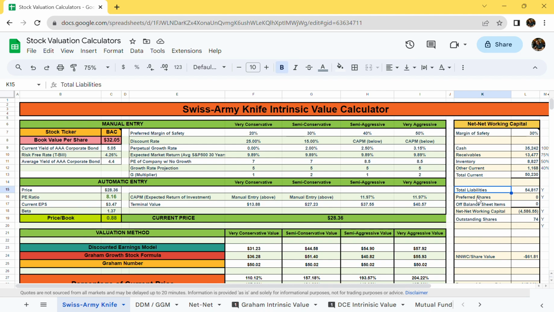And then, of course, if you want to be like Benjamin Graham and say, well, we're going to liquidate the company tomorrow, what would it be worth, which is called cigarette butt investing, then we're going to discount, which again, not to be confused with discount rate, but we're going to discount what these different current assets are actually worth. So 75% for receivables, 100% for cash, 50% for inventory, 40% for other current, because we don't know what it is, minus total liabilities.